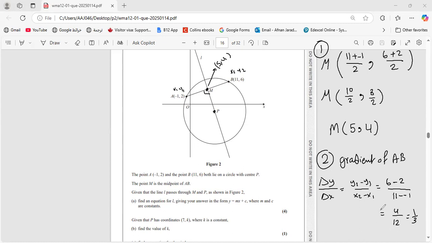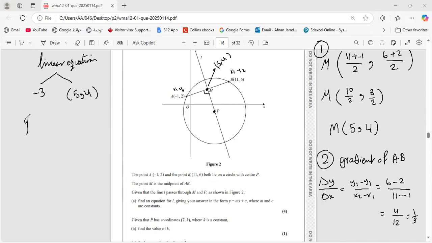I need the negative reciprocal gradient. So to find the linear equation, you need one point, which is M (5, 4), and the gradient, which is the negative reciprocal gradient of AB because L is perpendicular to AB. So the negative reciprocal of 1 over 3 is minus 3.